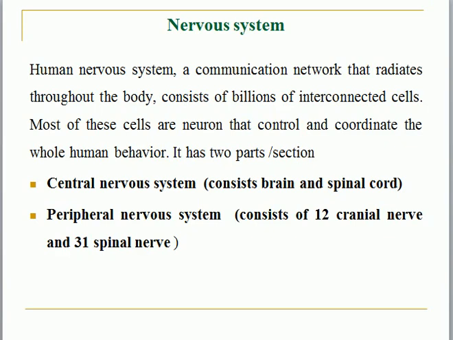It consists of billions of interconnected cells, most of which are neurons, that control and coordinate the whole human body and human behavior. It has two main sections: the central nervous system, consisting of the brain and spinal cord, and the peripheral nervous system, which consists of 12 cranial nerves and 31 pairs of spinal nerves.